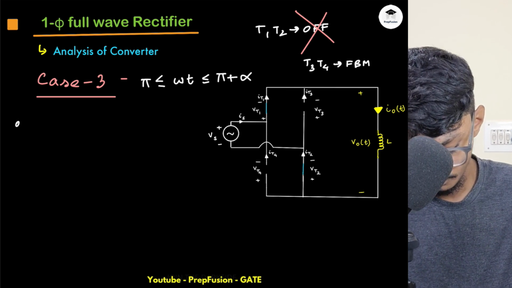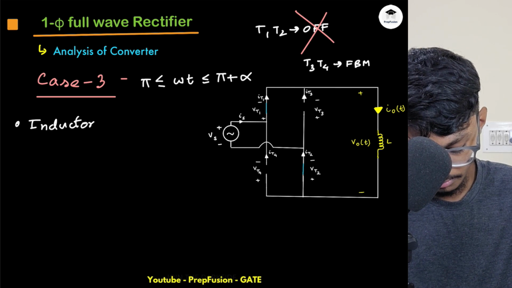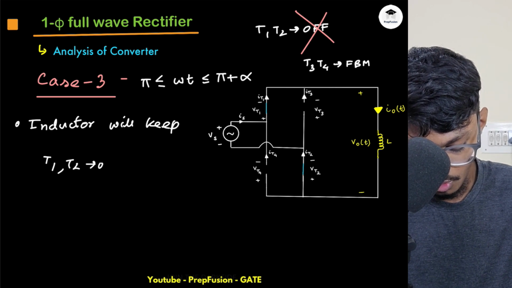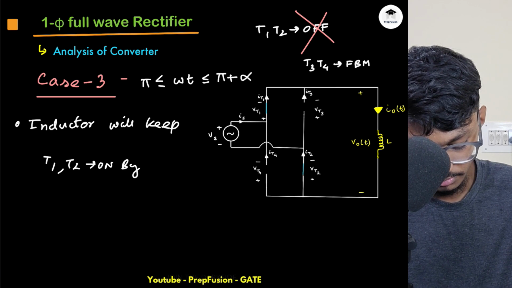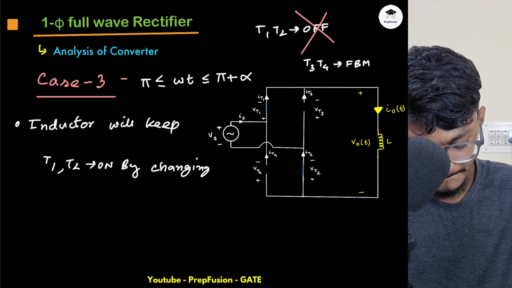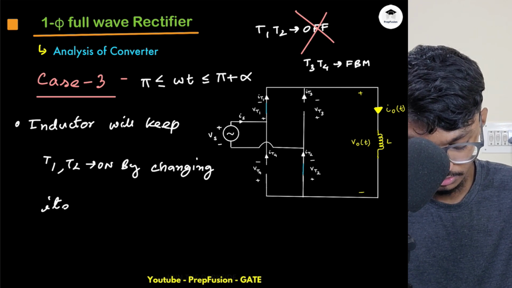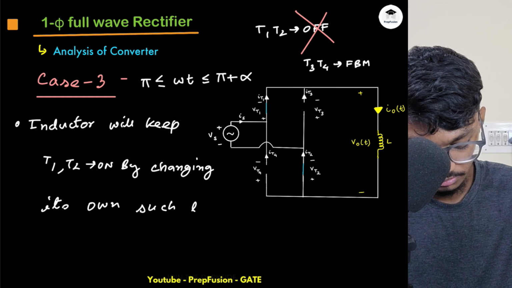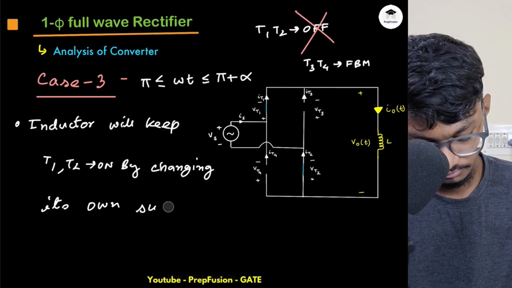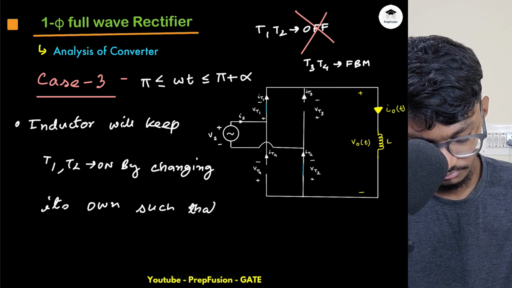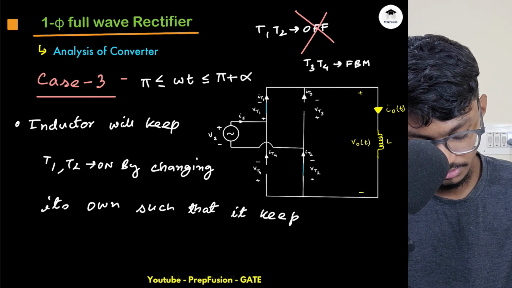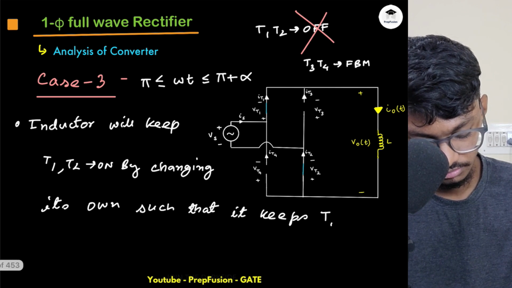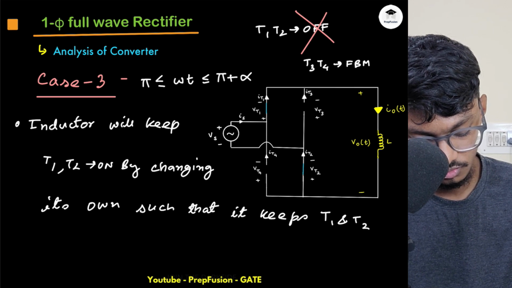The inductor will keep T1 and T2 on by changing its own voltage such that it keeps T1 and T2 on.